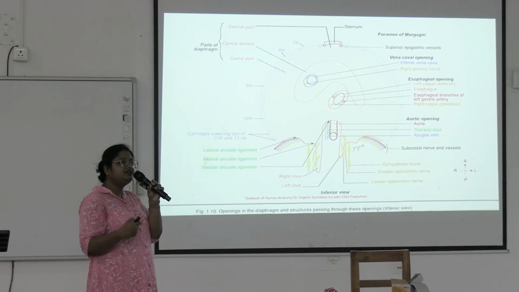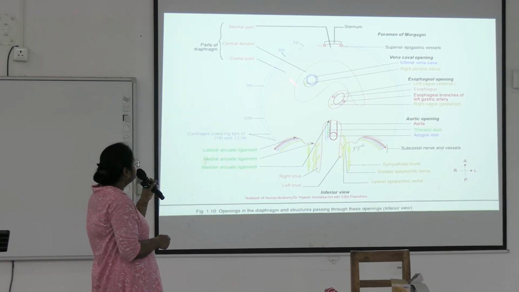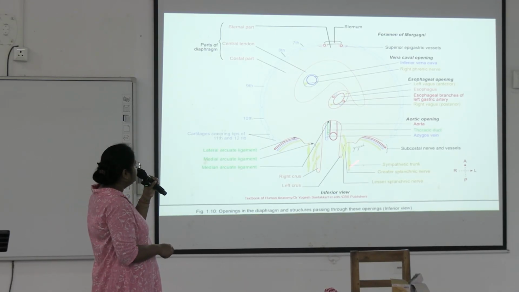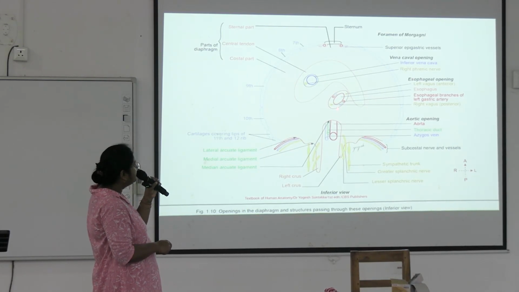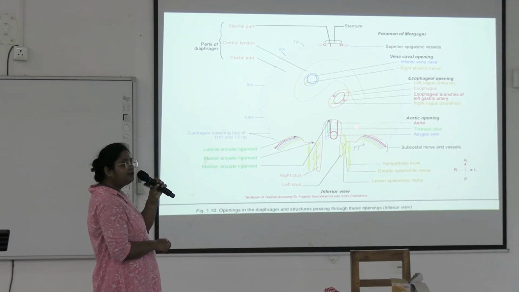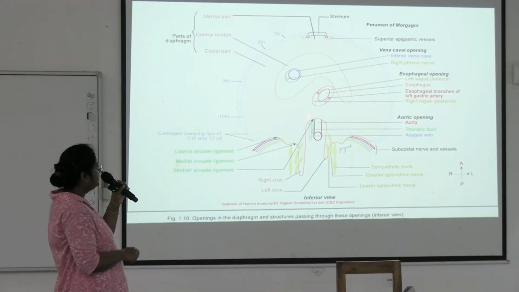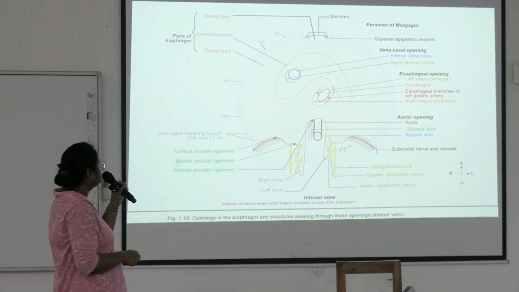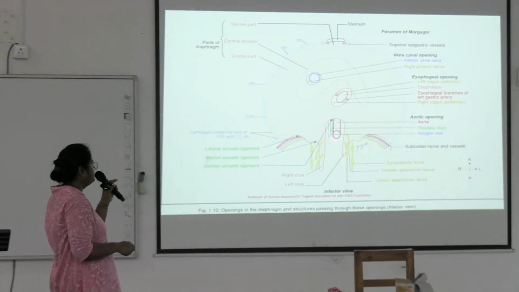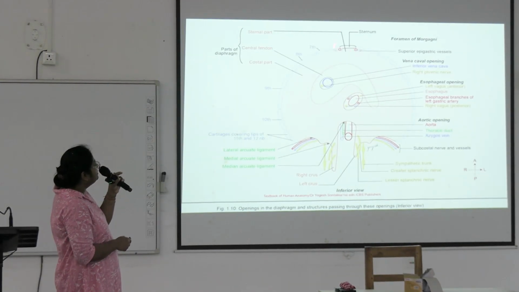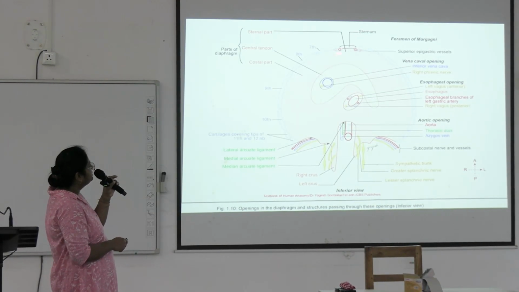The inferior vena cava enters the right atrium through this vena cava opening, and the right phrenic nerve also passes through it. Through the aortic opening pass the descending thoracic aorta, which becomes the abdominal aorta, the thoracic duct, and the azygos vein. Okay, so these are the three major openings.